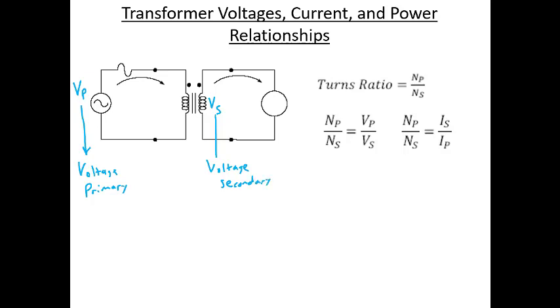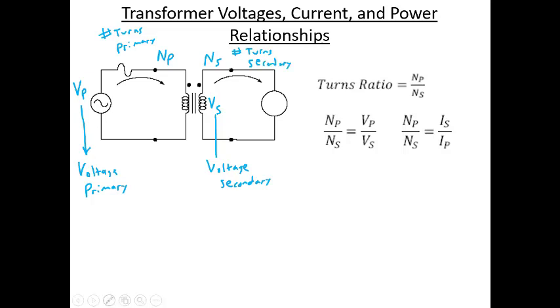And then we have NP and NS. NP, a lot of times I'll put this up here, is the number of turns in the primary. And then we have NS, which is the number of turns in the secondary.